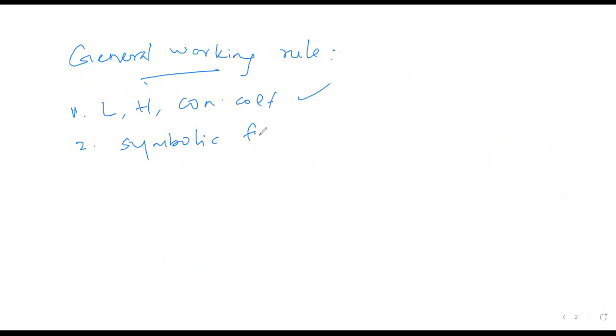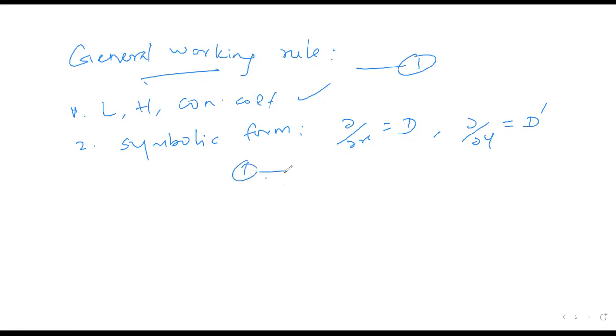Wherever there is del over del x, you take it as D, and del over del y as D dash. Let's say this is equation number 1. That can be written in the symbolic form as f(D, D dash) z equal to this.